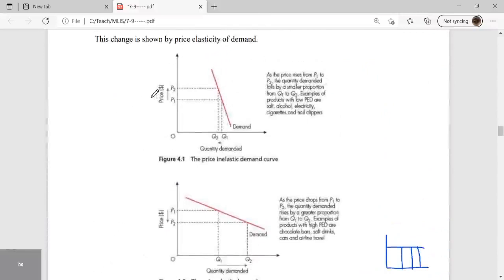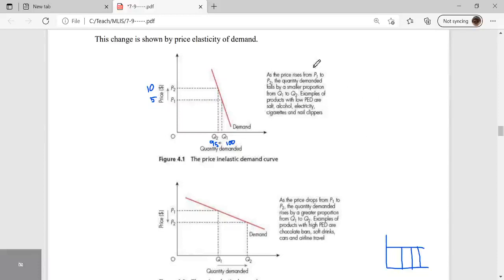Suppose the price was $5 and it increased to $10. And because of this, the demand response was like this: from 100 it reduced to 95. Okay, so that's the situation over here.